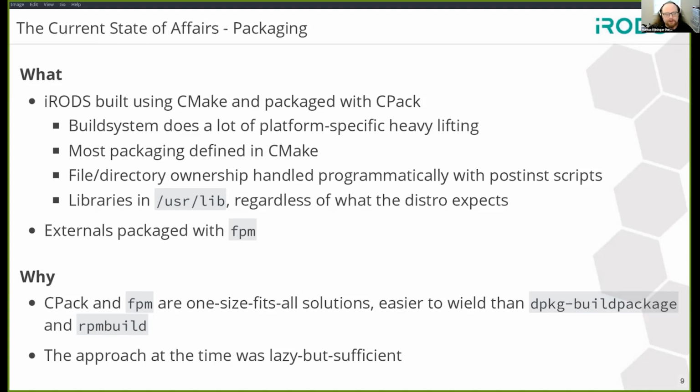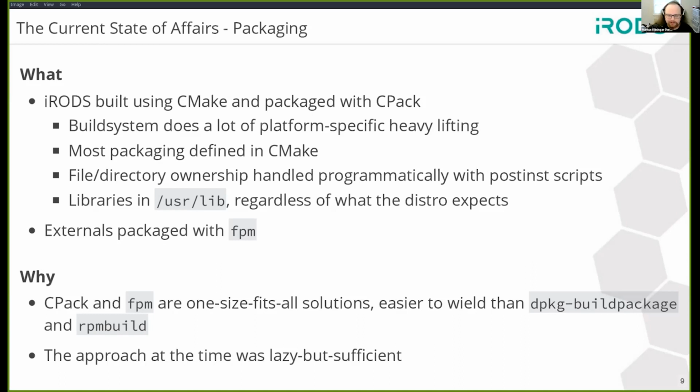And we handle file and directory ownership programmatically with post-installation scripts so that we can make sure that different things are owned by the iRODS service account, or whatever you happen to name it when you set up iRODS. We put our libraries in /usr/lib, regardless of what the distribution expects. So for example, on CentOS, the libraries would usually go in /usr/lib64. That's where all the packages put their libraries, but we don't do that.